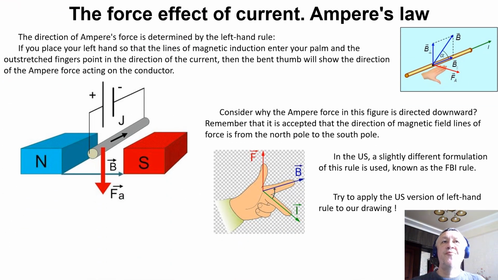The direction of Ampere's force is determined by the left-hand rule. If you place your left hand so that the lines of magnetic induction enter your palm and the outstretched fingers point in the direction of the current, then the bent thumb will show the direction of the Ampere force acting on the conductor.